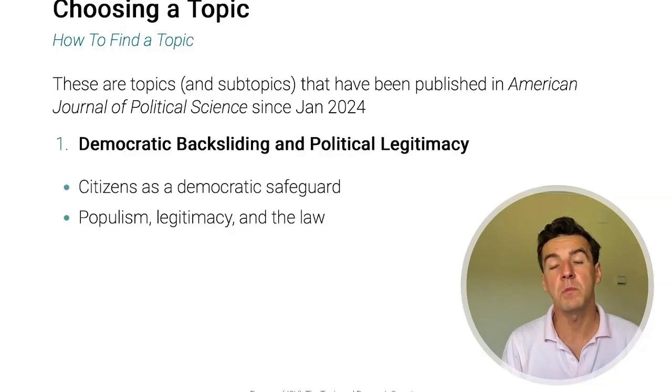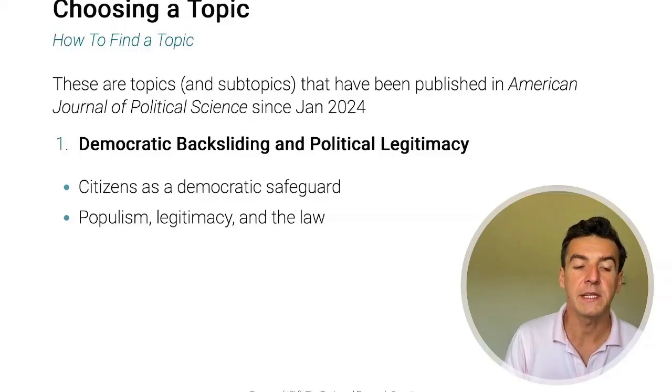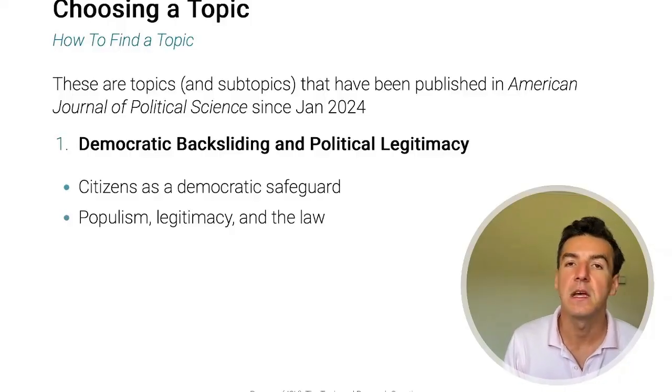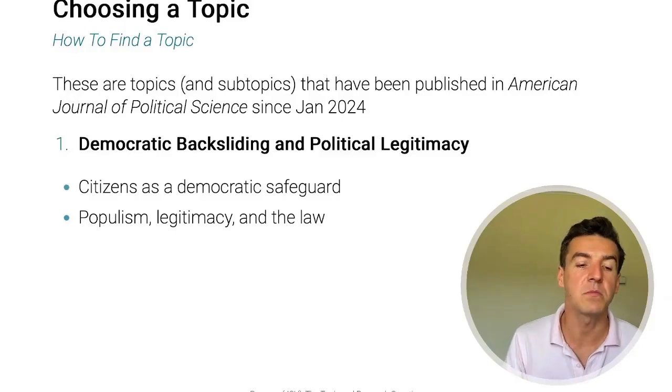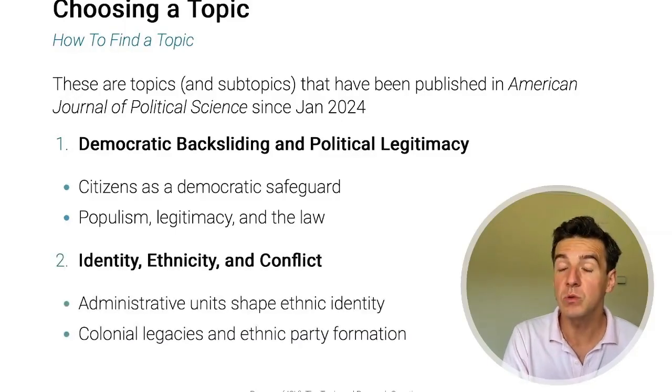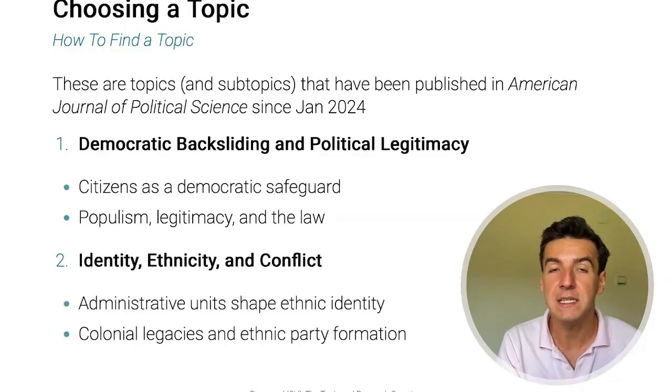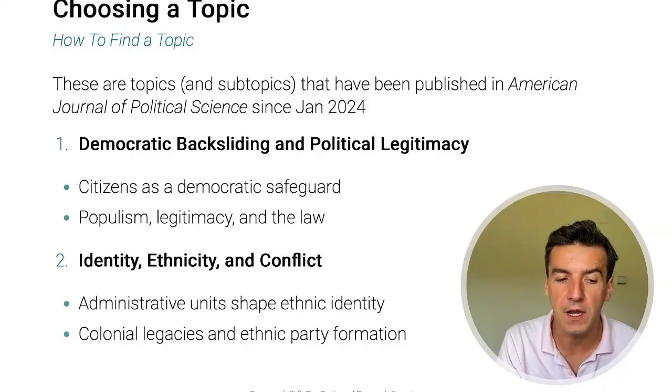So some of the common ones have been dedicated to democratic backsliding and political legitimacy. So this is fundamentally about citizens acting as democratic safeguards or issues related to populism, legitimacy. But there's also been topics related to identity, ethnicity, and conflict, right?